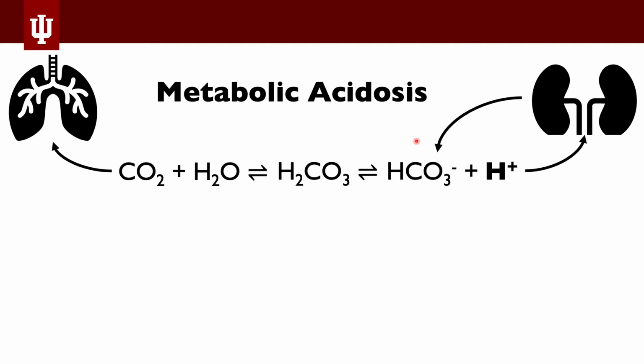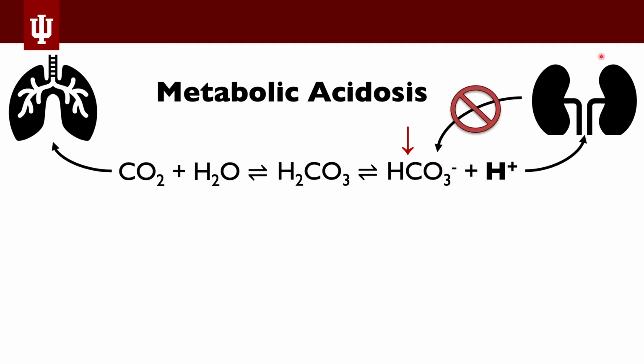Let's get on to metabolic acidosis, and that's when you have a problem somewhere on this side of the equation, of this chemical equation. This gets a little bit more complicated because there are a number of ways to have abnormalities here. So you could have a problem with losing bicarbonate. For instance, if you have a patient who is having diarrhea, they might be losing bicarbonate.